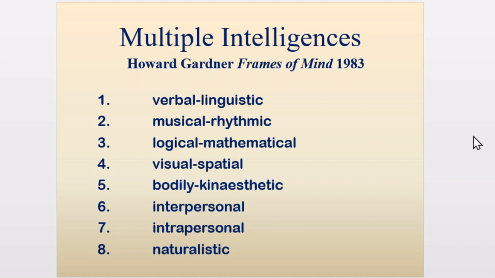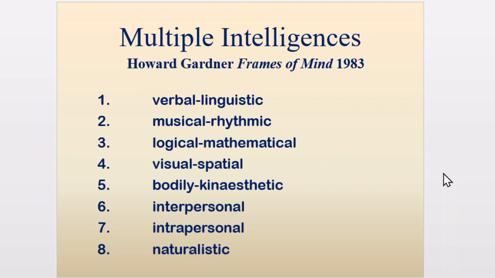Another and more detailed way of explaining the different kinds of learner styles has been put forth by Howard Gardner in 1983, which we are all familiar with, the multiple intelligences theory.